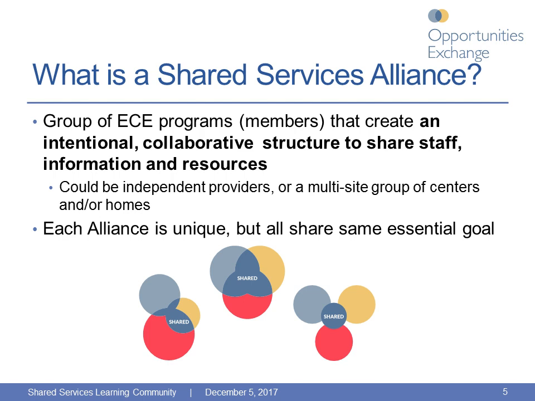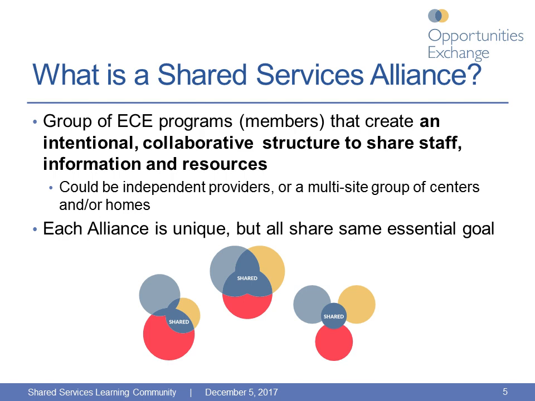So when we talk about a shared service alliance, and sometimes people refer to them as networks, but we generally refer to them as alliances, we're talking about a group of programs, which we sometimes call members, that get together and create an intentional and collaborative structure to share staff and information and resources.